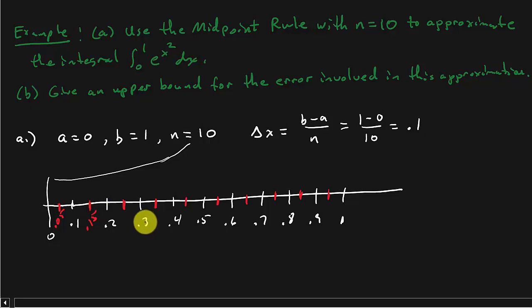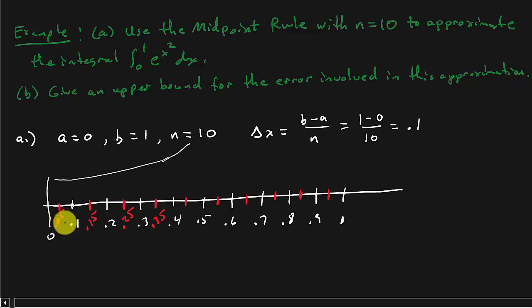And then the next midpoint, well, what would that be? That would be 0.2 plus 0.3, and then divide that by 2. That would be 0.25. Oh, look what's happening here. Notice I found the first midpoint, 0.05. The next one's 0.15, and then 0.25. I wonder what the next one's going to be.